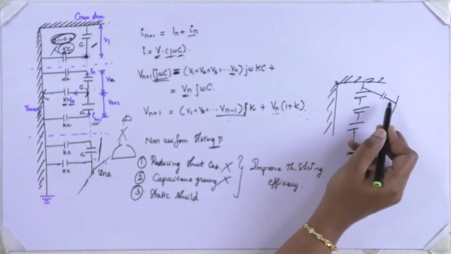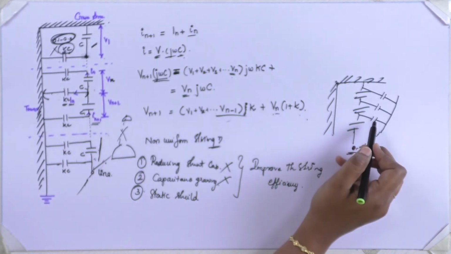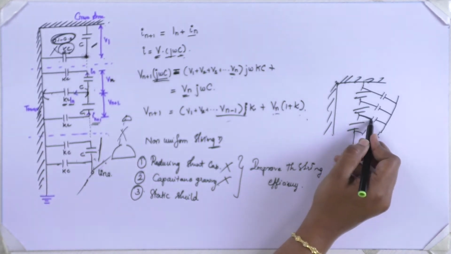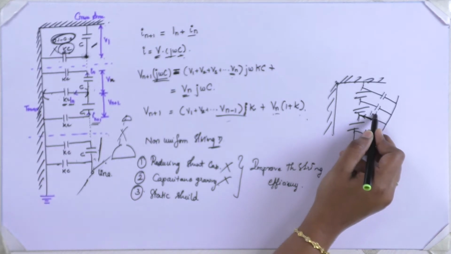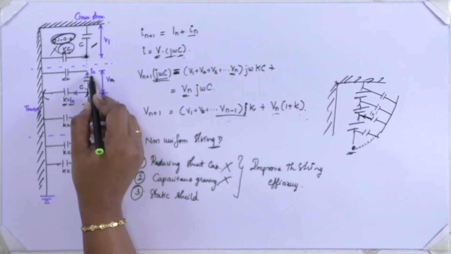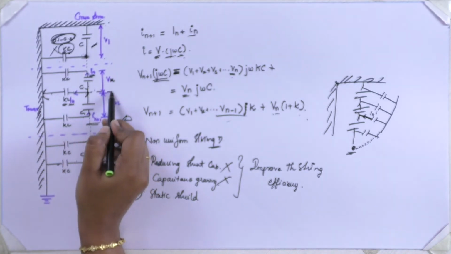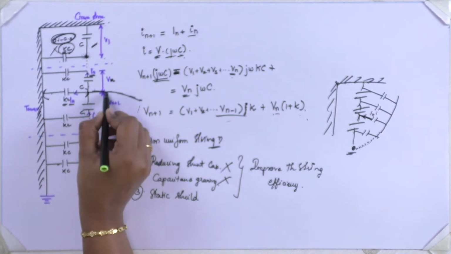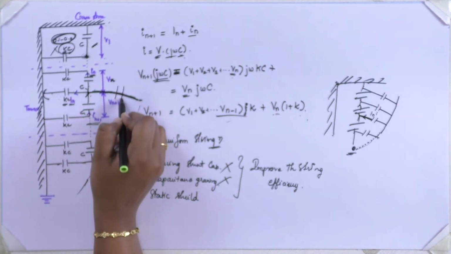Now these two parts will have a capacitance, right? If the current from this point is I_N dash, and this is I_N and this is I_N plus 1, I am having the string suspended like this, and here I am having the capacitance.